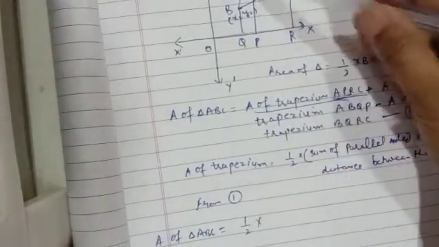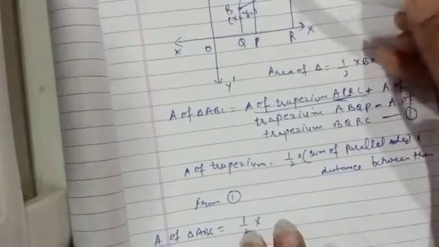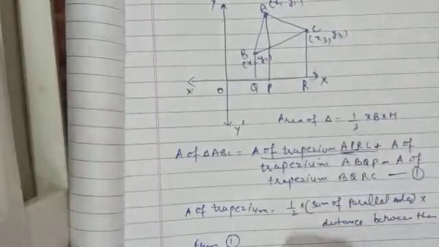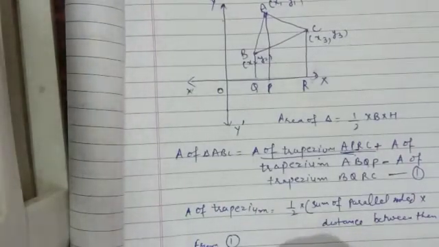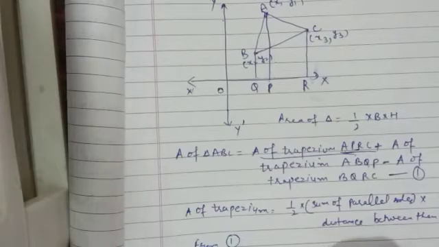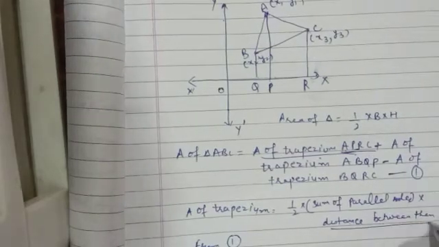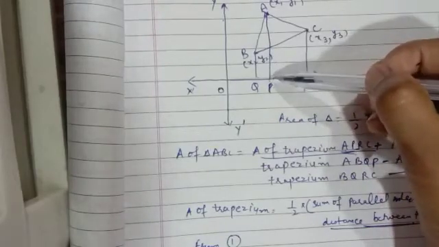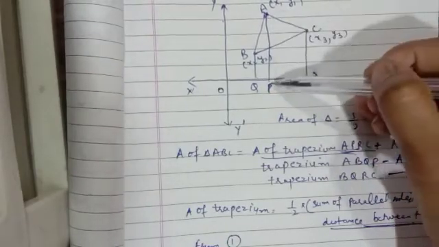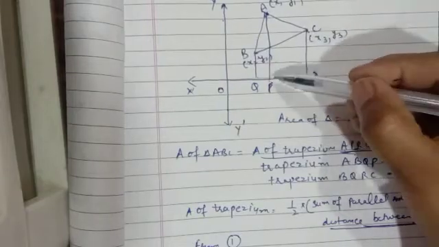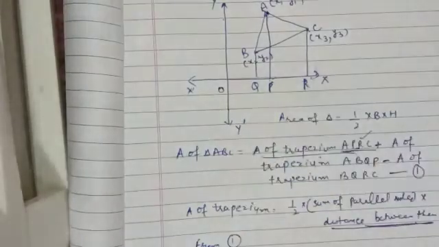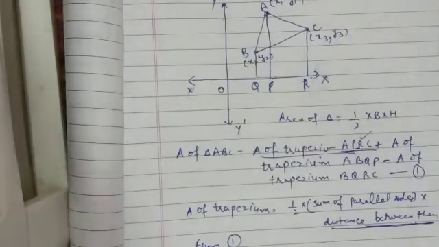In trapezium APRC, which sides are parallel? You may see here AP is parallel to CR. So let us write here distance of AP plus CR, multiplied by the distance between them. The perpendicular distance we have to consider always. The distance between the sides AP and CR is RP. That is the area of the first trapezium APRC.